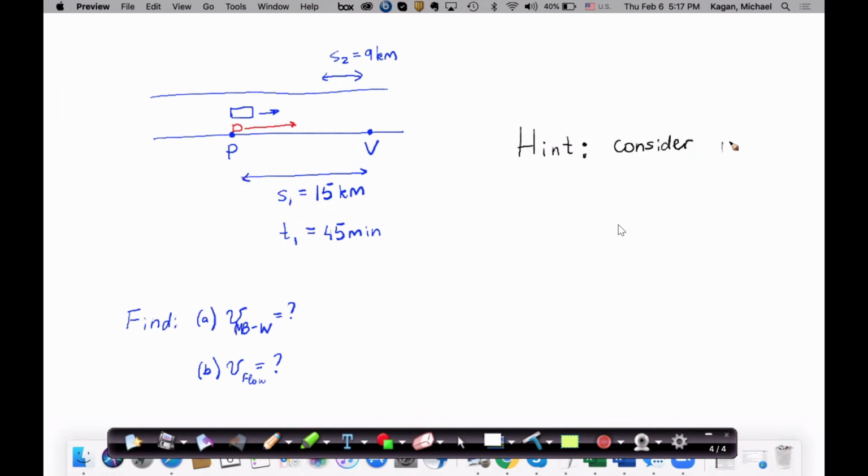Consider the reference frame of the barge. Okay, so imagine you're a passenger on the barge. And let me just give this one hint and see how far it takes you.